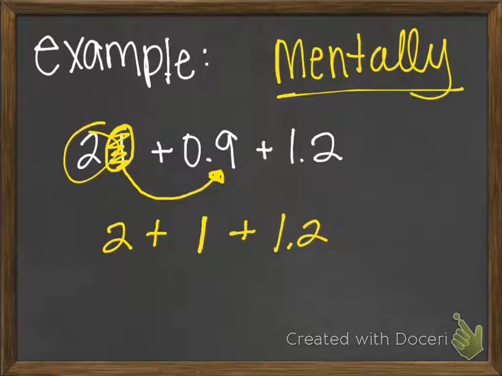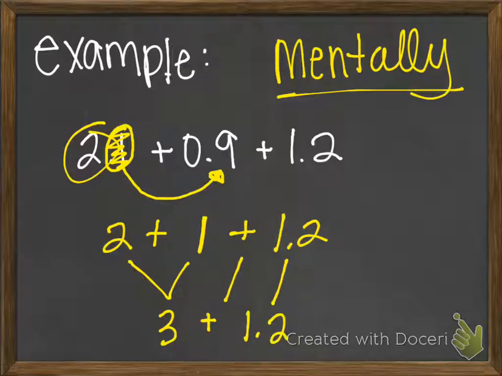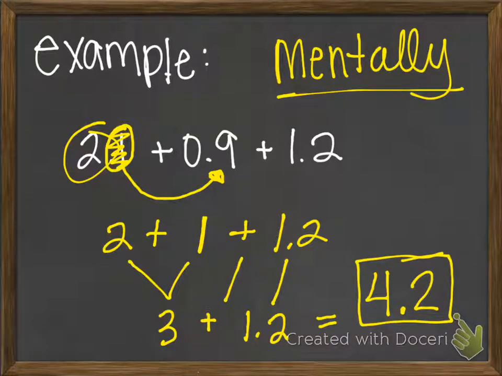See how much easier this makes it to add. If I add 2 plus 1, I get 3. Then I bring that down, so now I have 3 plus 1.2. Well, we know 3 plus 1 is 4, and then we add the 0.2 onto the back. So that is what we will be working on today. Compensation was just kind of moving some numbers around and borrowing.